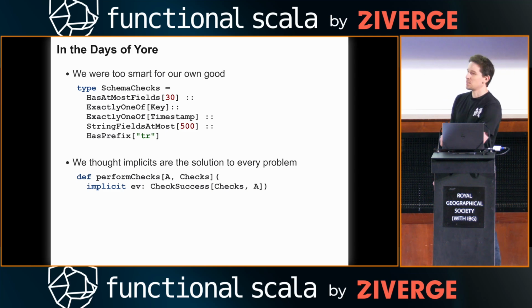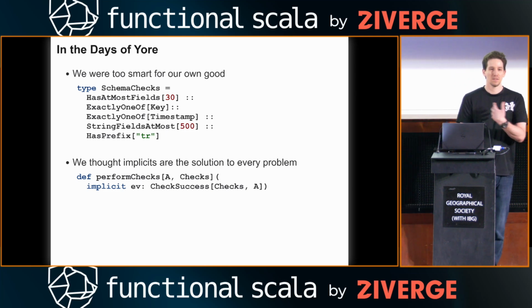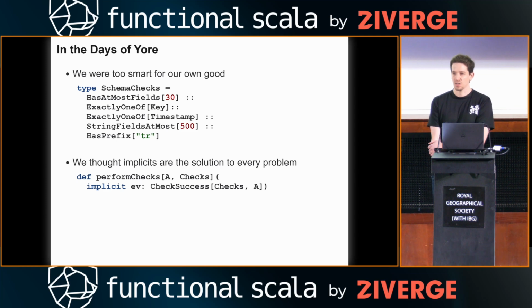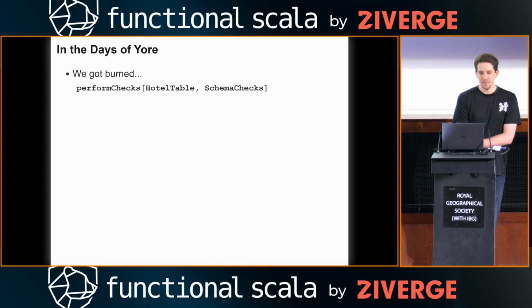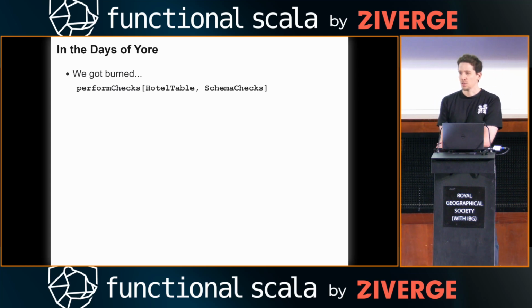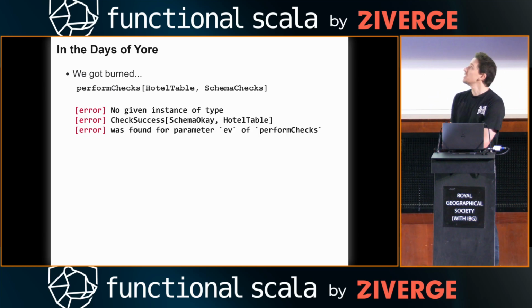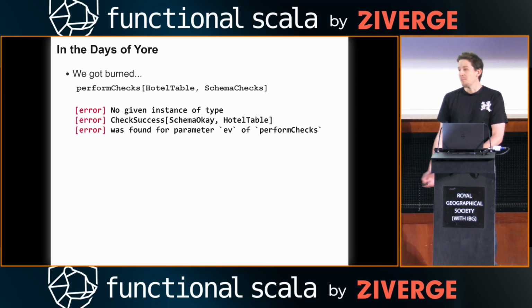And then you offload all the heavy-duty type-level computation to implicit resolution in some way or another. And then when you actually try to apply this to a specific concrete example, you might get burned in the following way. This is your error message. Something went wrong. An implicit was not found. What, where?